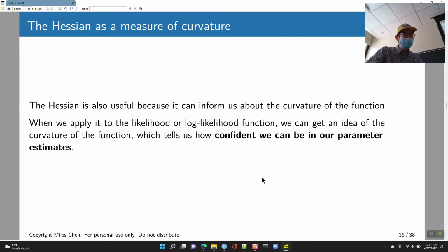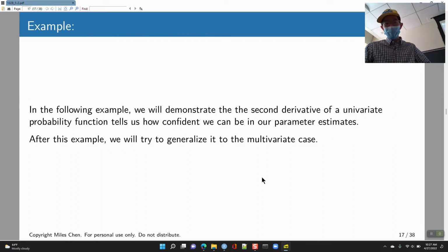All right, so this is a bit of a weird concept, right? So I'm going to do it just for a univariate case, and then we'll try to generalize it to a multivariate case. I think it's a little bit easier if we start with just one variable and get this concept of how confident we are in our parameter estimate based on one variable.